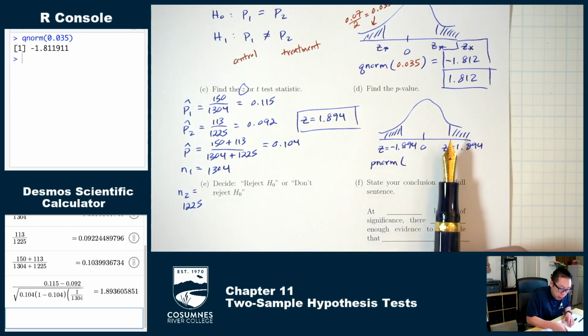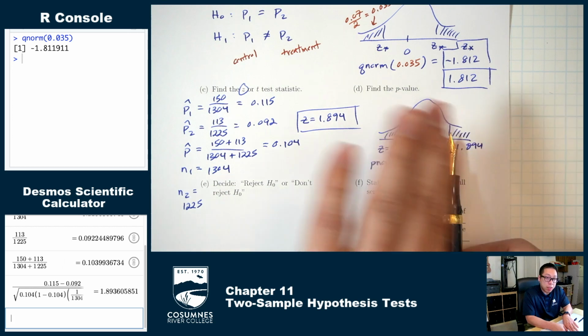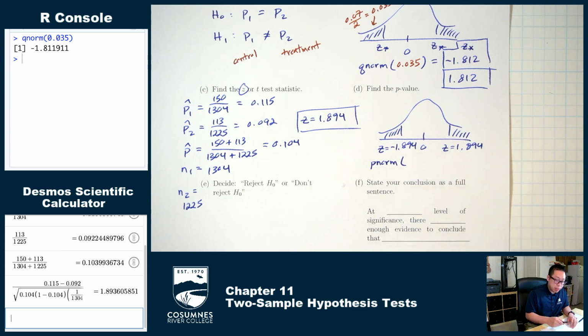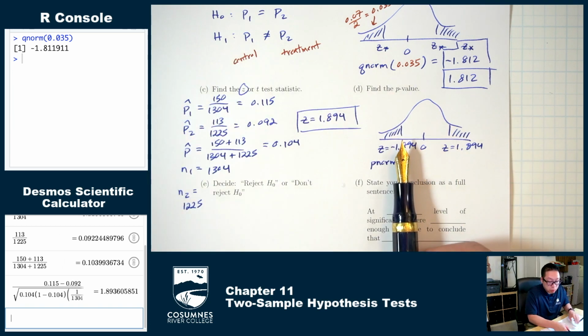I'm not going to plug in the positive Z because the positive Z is going to give me the area to the left, which includes this unshaded part, which I don't want. So I'm going to plug in the negative because I do want what's left of the negative 1.894.